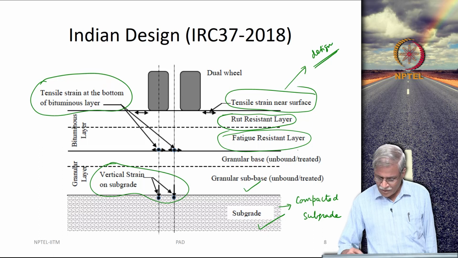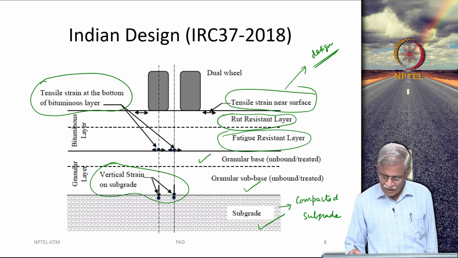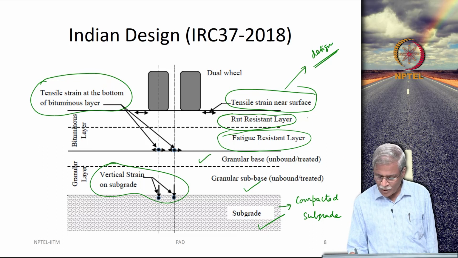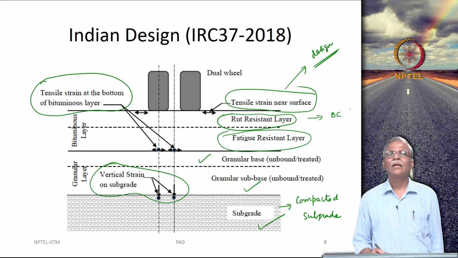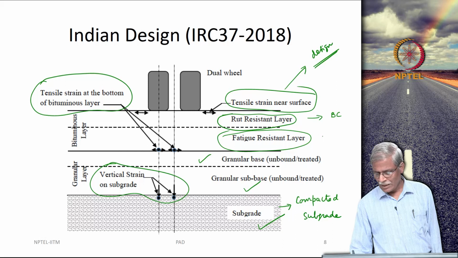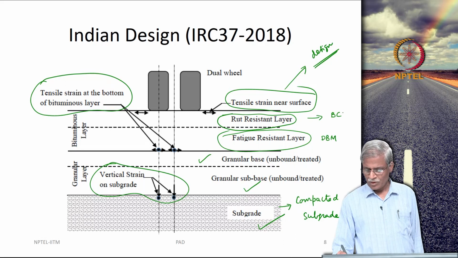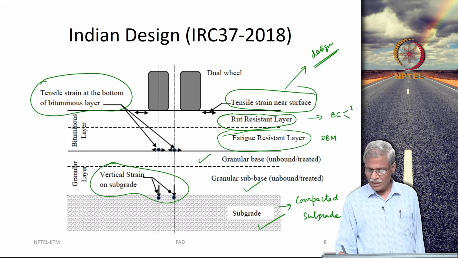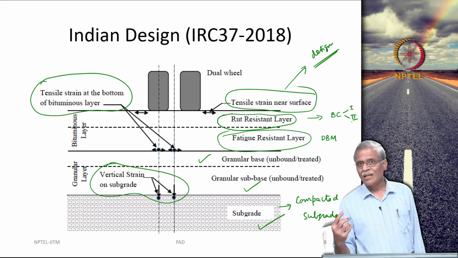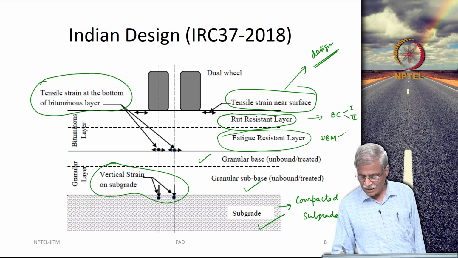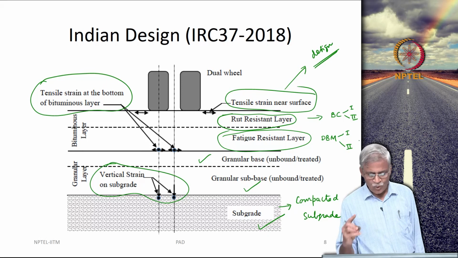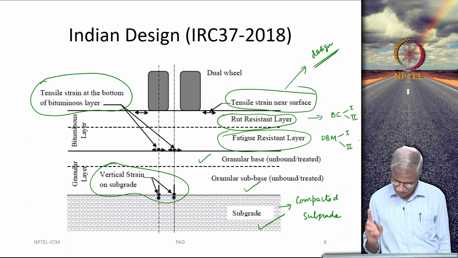Then you have a base here, and then there are two bituminous layers. Okay. So, what we call in India as bituminous concrete, and this could be called as dense bituminous macadam. So, there are going to be two grades here depending on the binder content used and the gradation that is used here. Now, let us look into the design aspect, what it says.